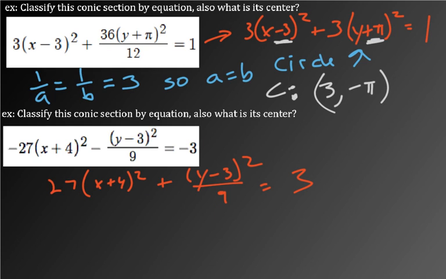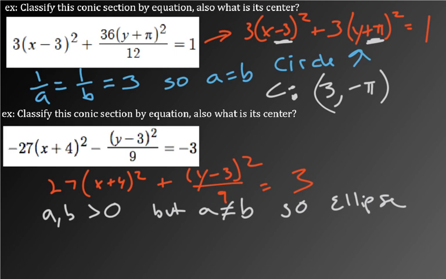So here, A and B are both positive, but A doesn't equal B, so it's an ellipse. And the center on this one is, again, just the opposite of these numbers, so -4 and 3. And that's kind of it. You really just do a little bit of simplifying to take a look at the A and the B values.